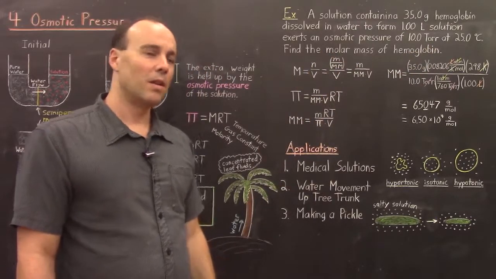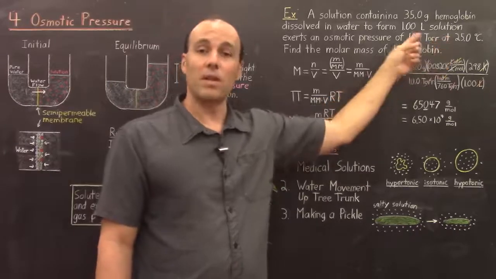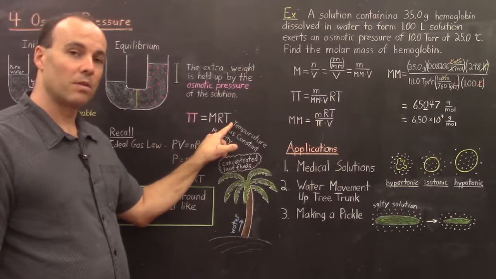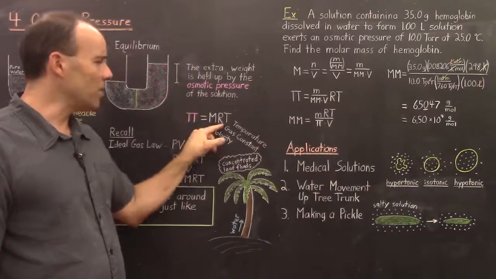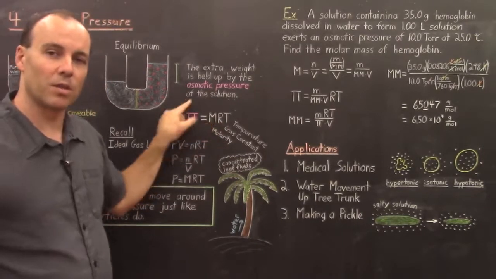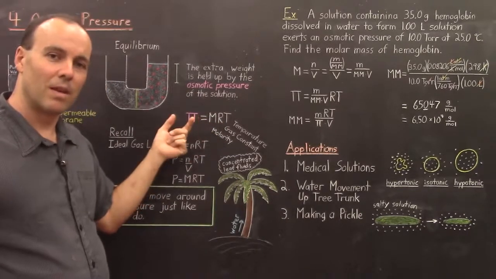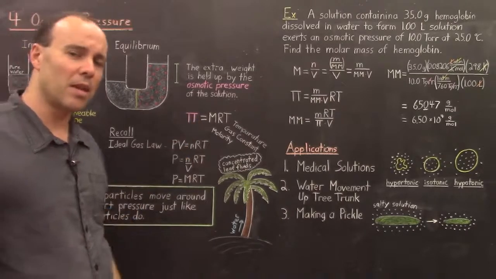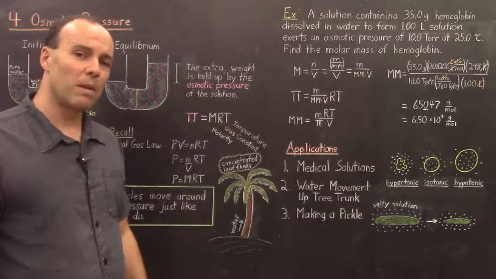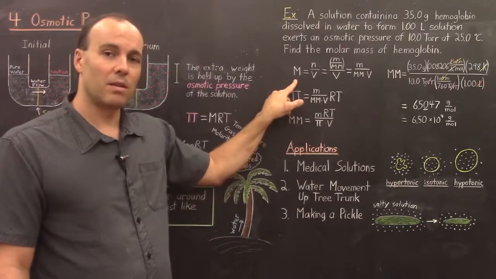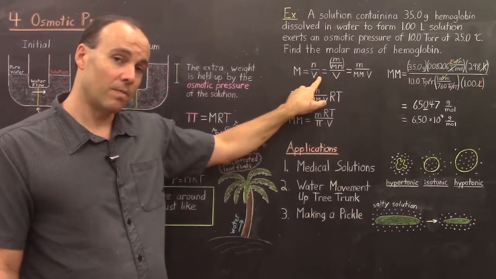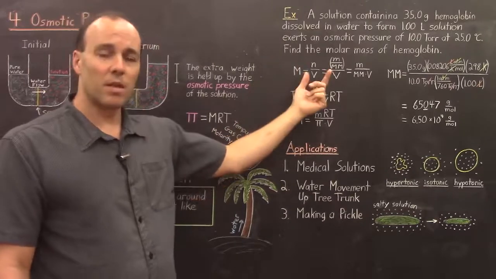So here you're given the temperature and you're given the pressure, and we always know what the gas constant is. So we can calculate the molarity of this solution, right? It's not asking for the molarity though, it's asking for the molar mass. But what you should remember is that the molarity, which is equal to the number of moles over the volume, can be expressed in a different way.